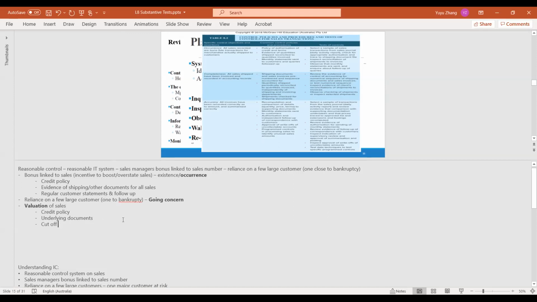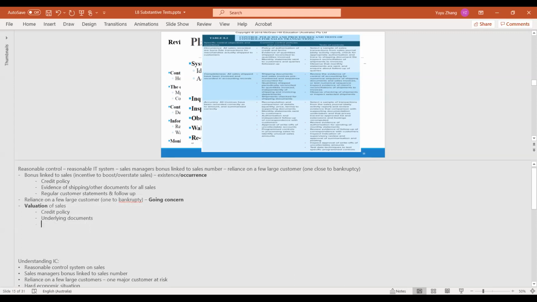Here we didn't really highlight it because we need to do cutoff anyway, but it serves the assertions of occurrence, completeness, and also valuation. So cutoff procedures would also be important, right? That's cutoff procedures for auditing.